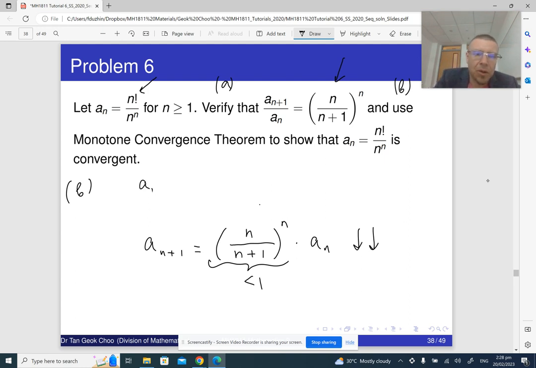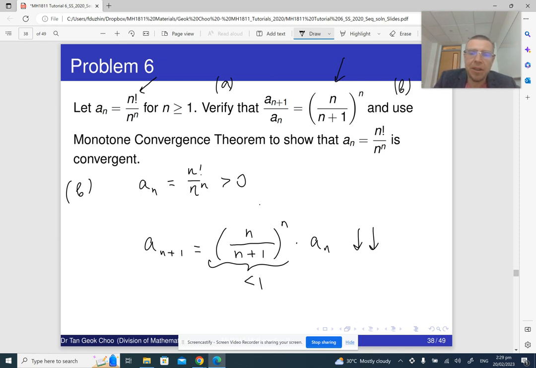Well, our a_n is n factorial divided by n to the n. So n factorial is a positive number, n to the n is a positive number, so it is definitely positive. All right? So all the terms of our sequence are positive.